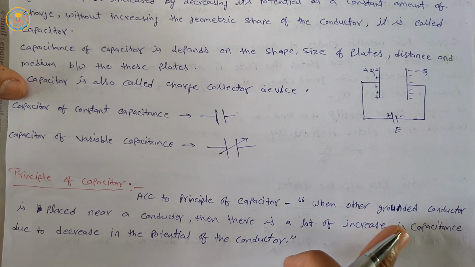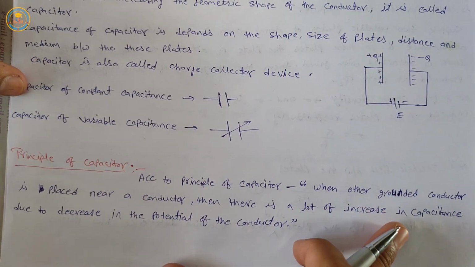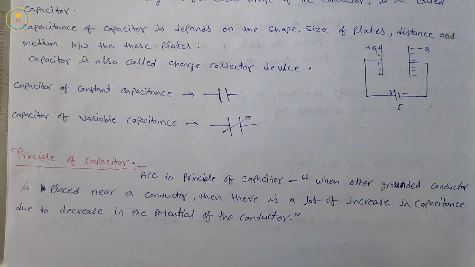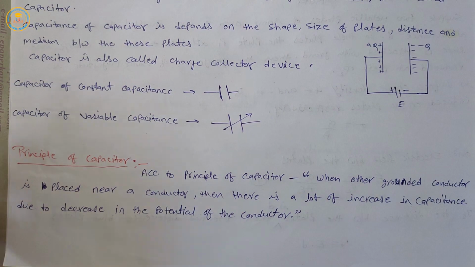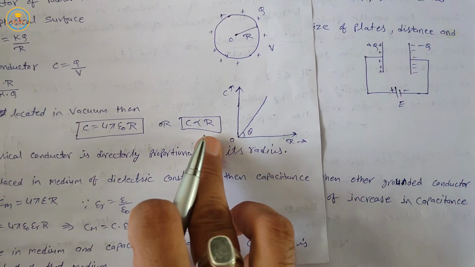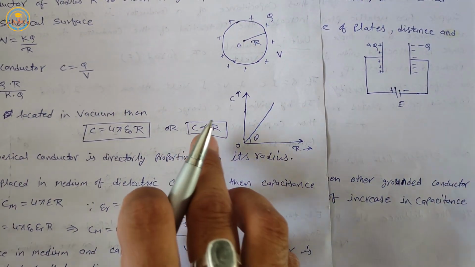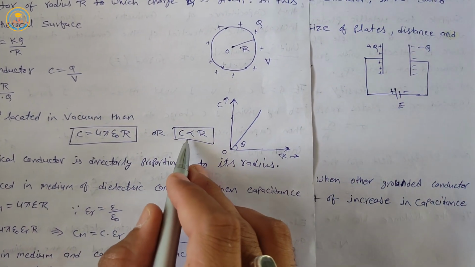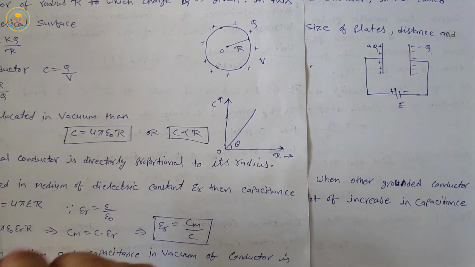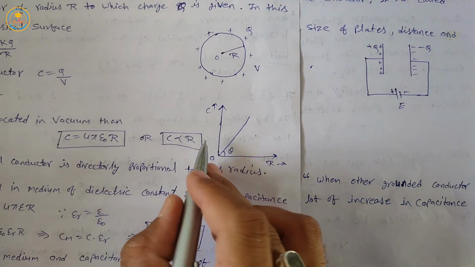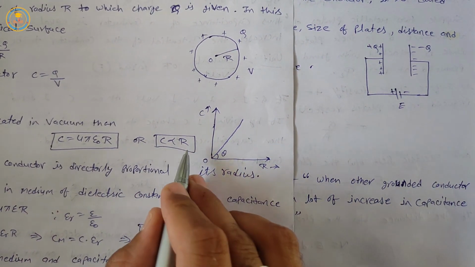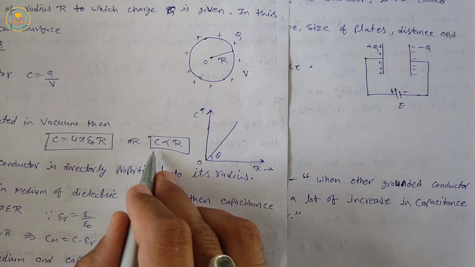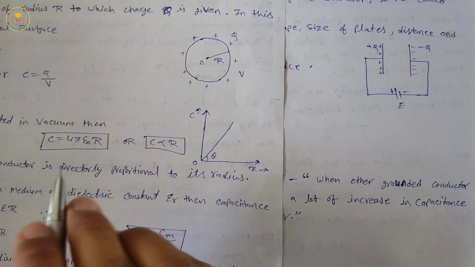Okay, now an important topic: the principle of a capacitor. We know that if we increase the radius, meaning the area of the conductor, then the capacitance of this conductor will be increased. But without increasing its area, we can increase the capacitance of a capacitor.